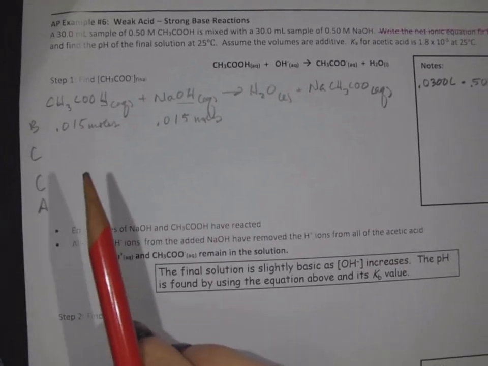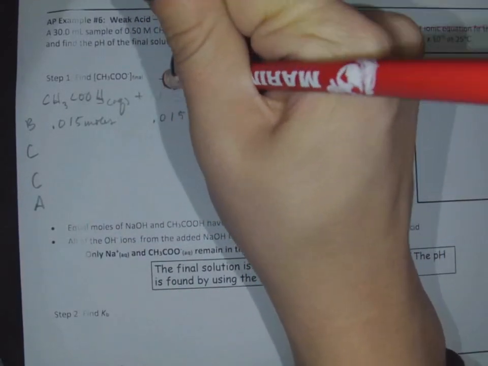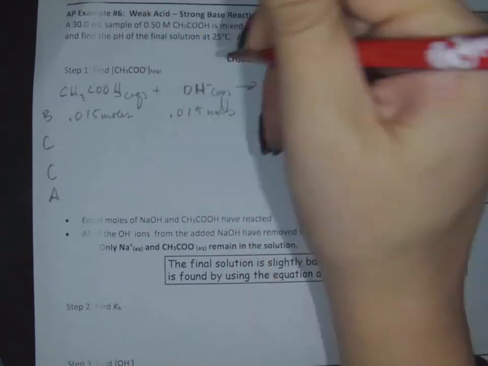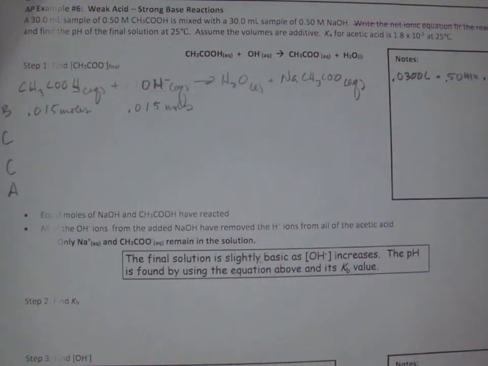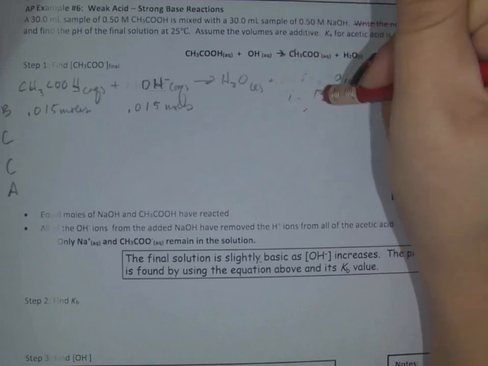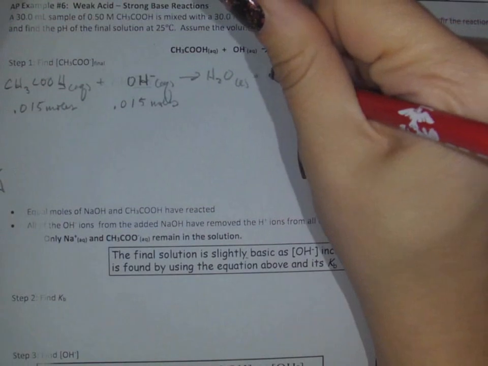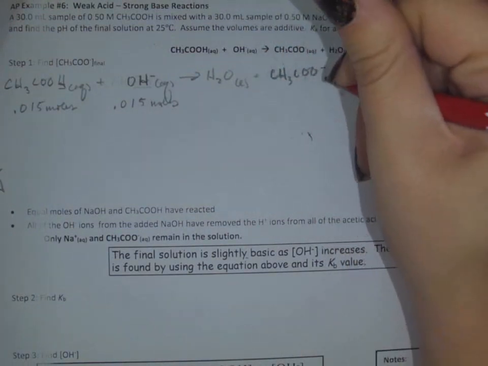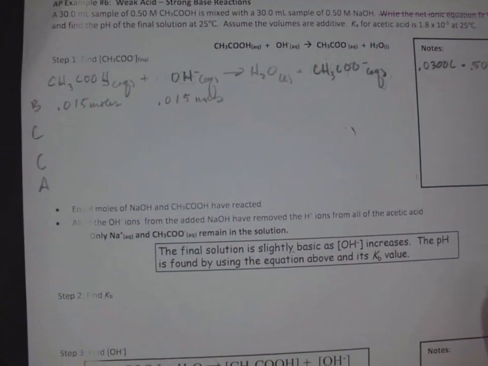Instead of it being NaOH, it's just OH minus, and instead of it being NaCH3COO, because remember, Na was our spectator ion, I'll move all of it over. So now this is going to be CH3COO minus aqueous. These are our reacting species, okay?